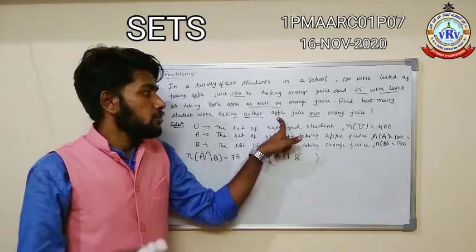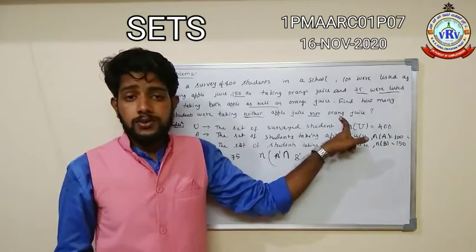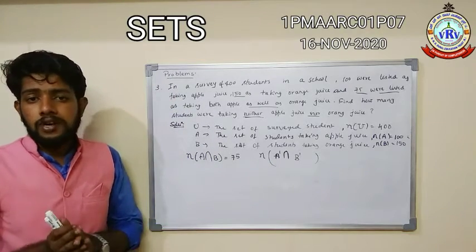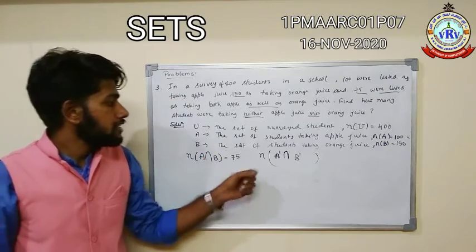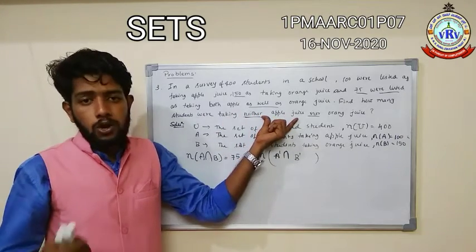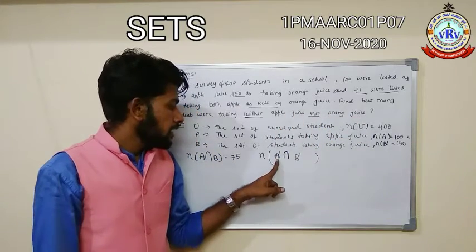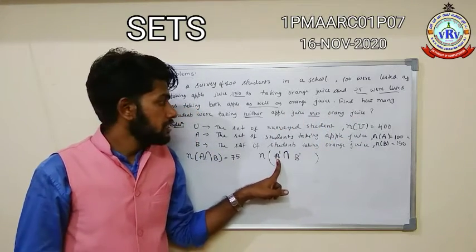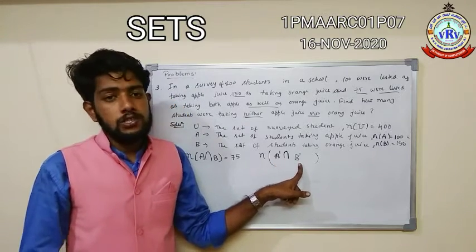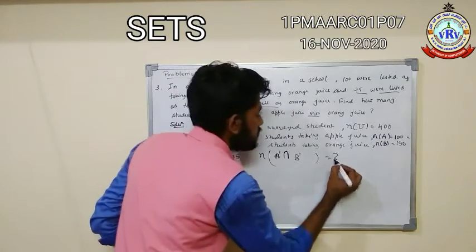Correct? We have to find the number of students who have neither taken the orange juice nor taken the apple juice. That means A complement, not taken the apple juice, intersection B complement, not taken the orange juice. So this number we have to find.